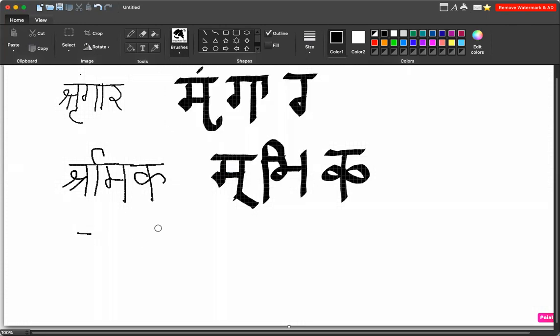With the thickness it's coming out. Is it okay? The two pens are okay? Because I think it's okay.